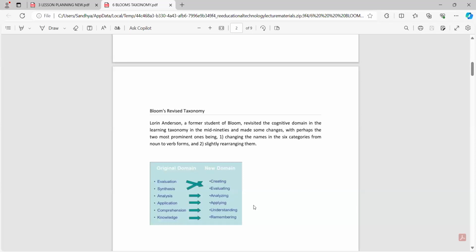But higher order thinking abilities, HOT, are analyzing, evaluating, and creating. Normally they are overlapping, so you can decide whether this is LOT or HOT. You get my point?